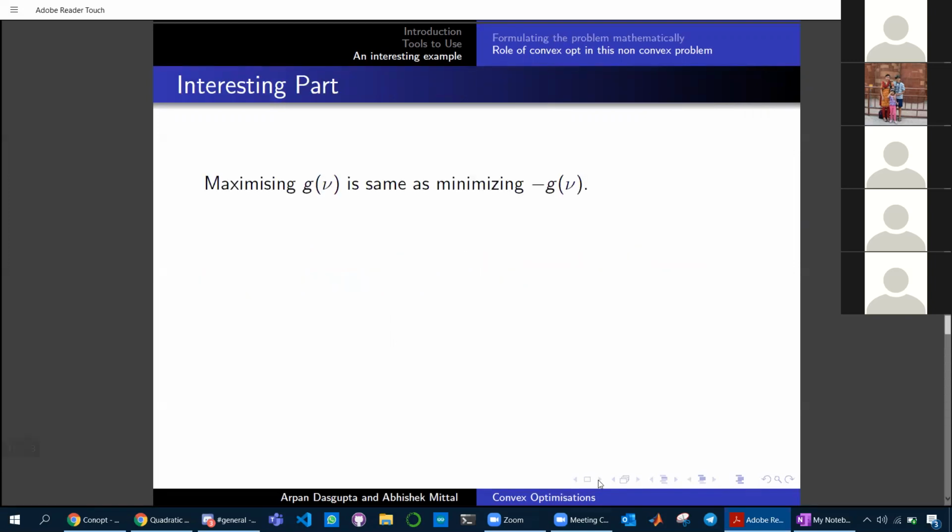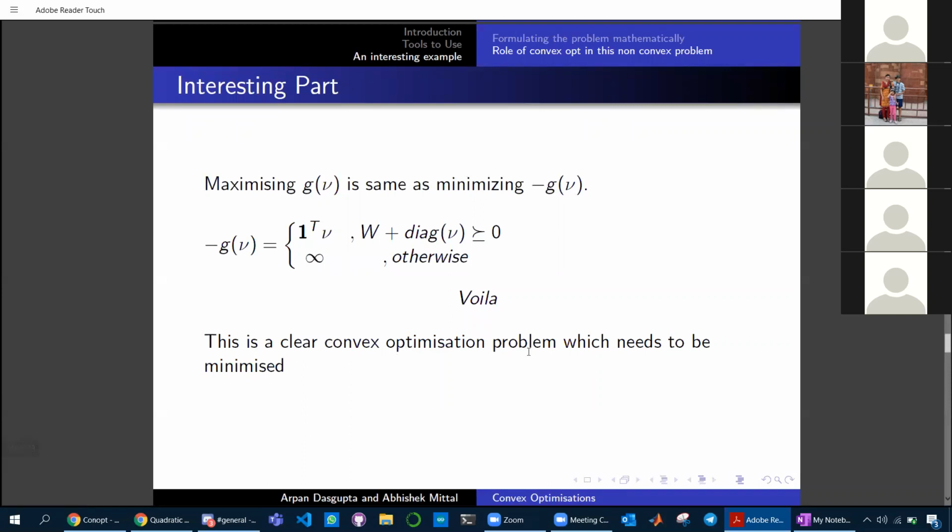And if we notice, minus g of nu is 1 transpose nu when nu satisfies this property. Otherwise, it is infinity. If you observe closely, this is actually a convex problem. So this is a clear convex optimization problem which needs to be minimized, because if I find the minimum value of this, I can take its negative, and that would become the maximum value of g of nu.